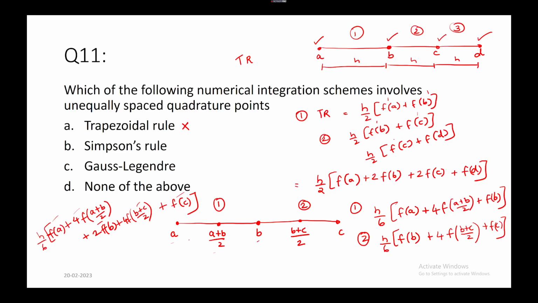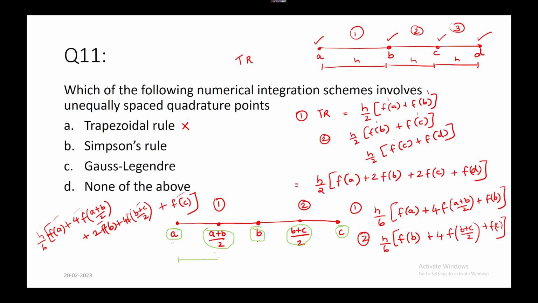In all these cases, the quadrature points, the integration points, are where the function is evaluated: at A, at the midpoint, at B, and here also. So all put together, all will be equidistant.